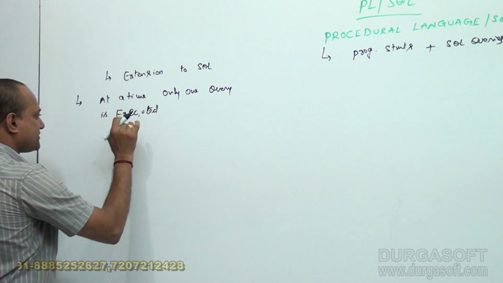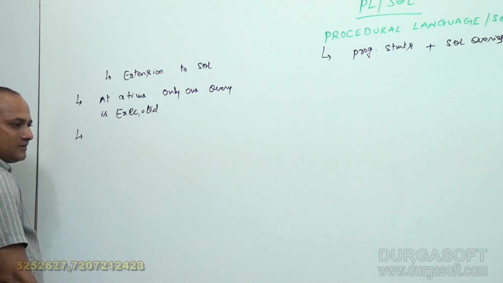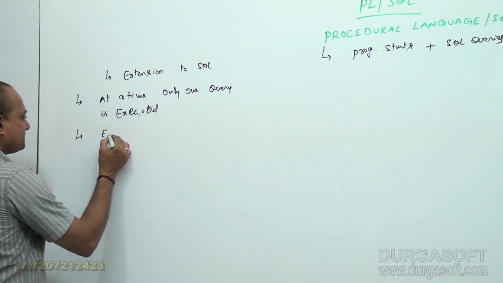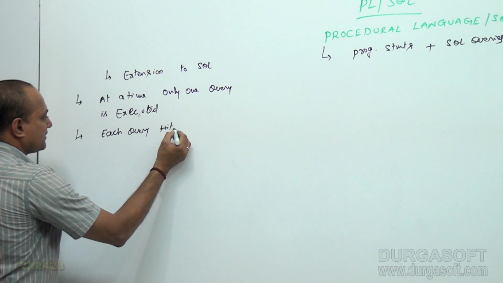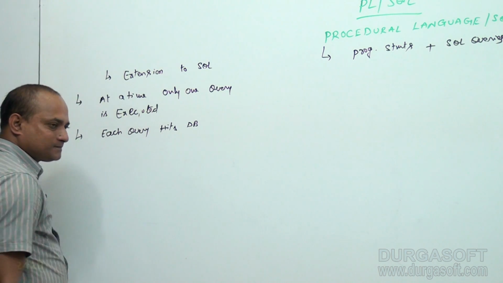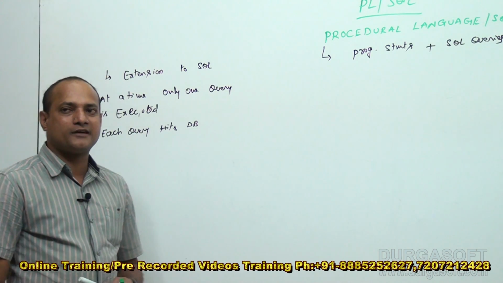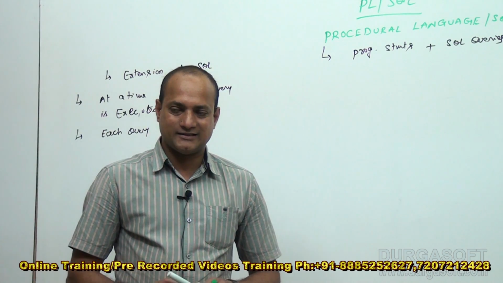This is one point. And next, each execution hits the database engine. Each query hits the database. If the number of hits increases, then database performance will decrease.